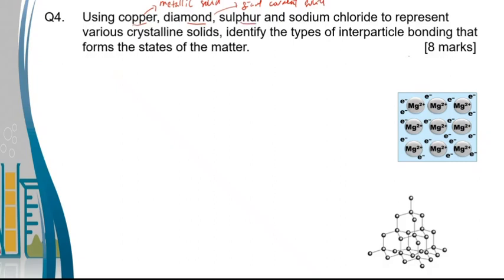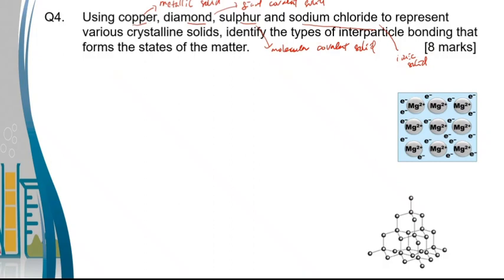Sulfur is a molecular covalent solid. And lastly, sodium chloride is an ionic solid. So to explain this, we need to identify what type of crystalline solid first.